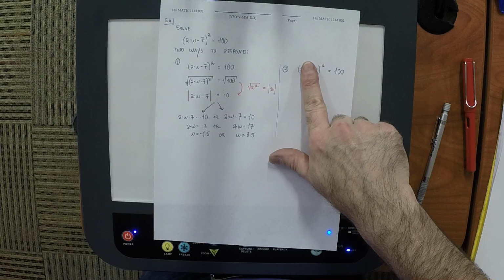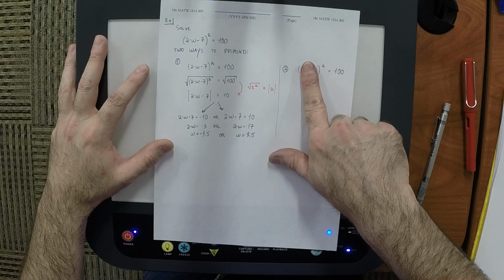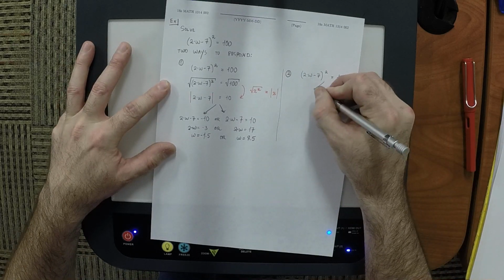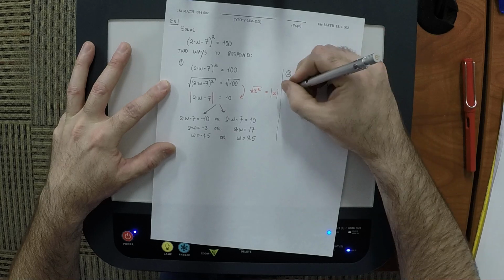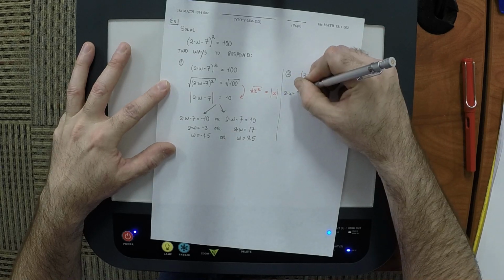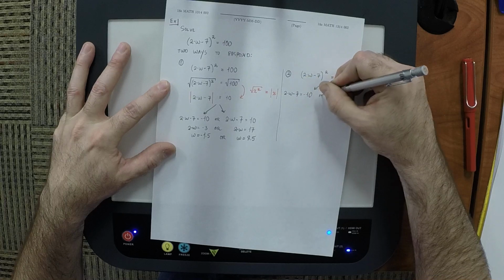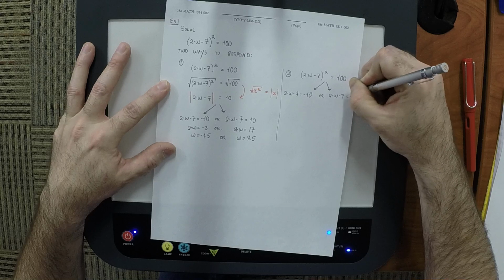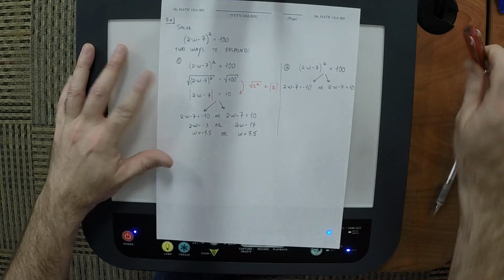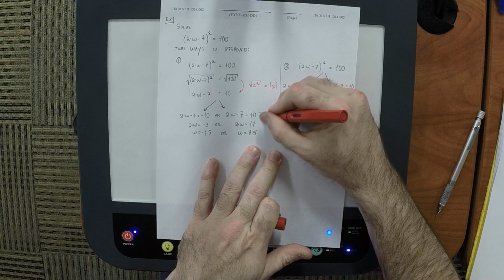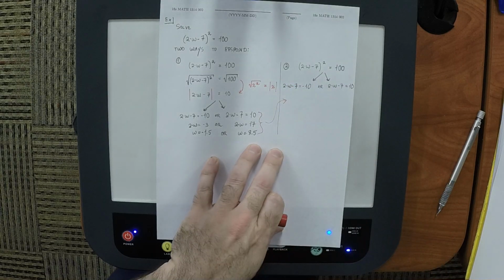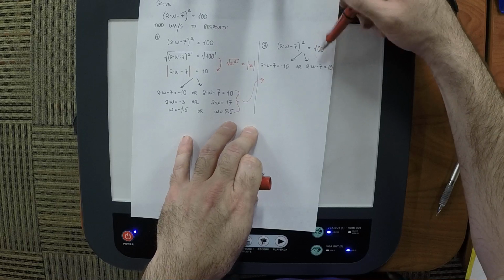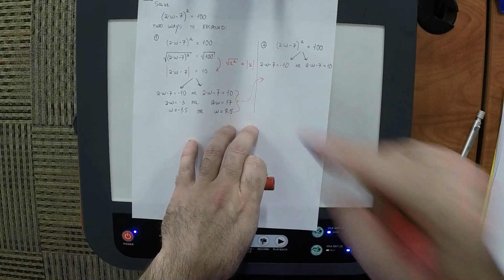What would square to 100? 10, or negative 10. So we can split it right here and just say there's two possibilities: 2w minus 7 could be negative 10, or 2w minus 7 could be 10, which is, of course, exactly where we were right here. So now you just copy-paste the exact same kind of thing. And this is how I'm going to do this style from now on, because it's shorter.